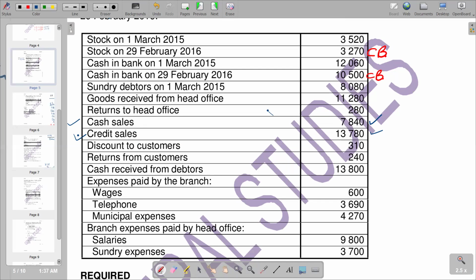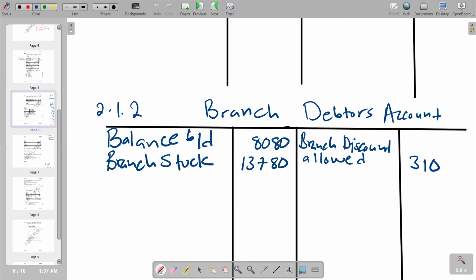But when they are now returns, it's the opposite. We are now debiting the branch stock account since these are goods that are coming back in stock, and we credit the branch debtors account with that same amount of 240.